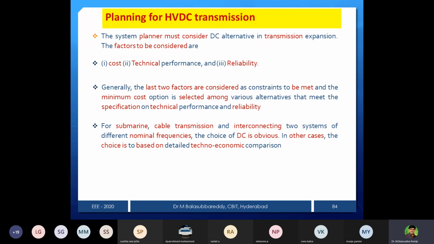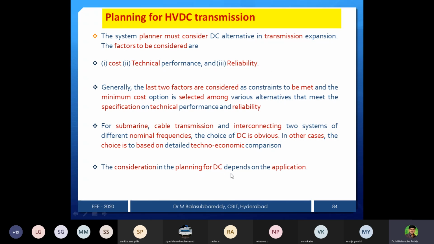Why? Because that already we came across in the comparison side also. Interconnecting systems, DC is always a simple one when compared to AC, because AC has a frequency problem, whereas on the DC side we can interconnect simply. And another consideration in the planning for DC depends on the application.